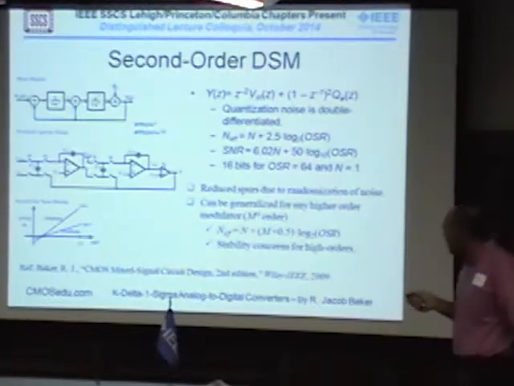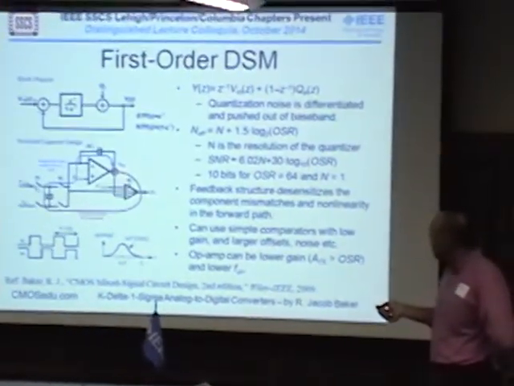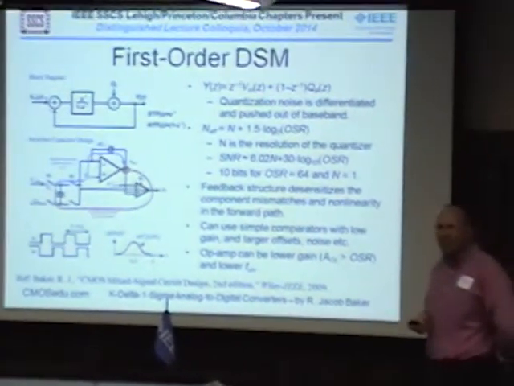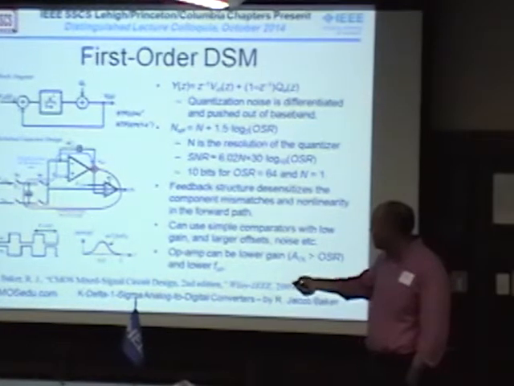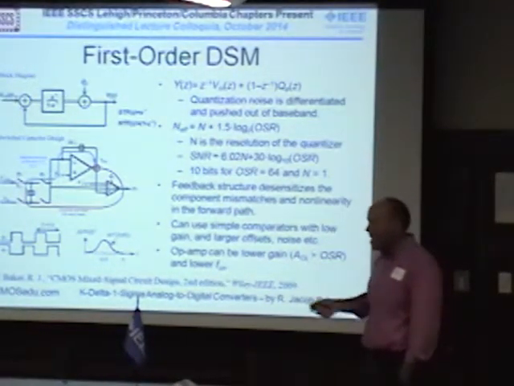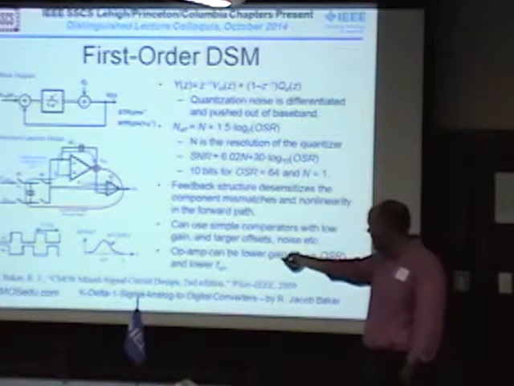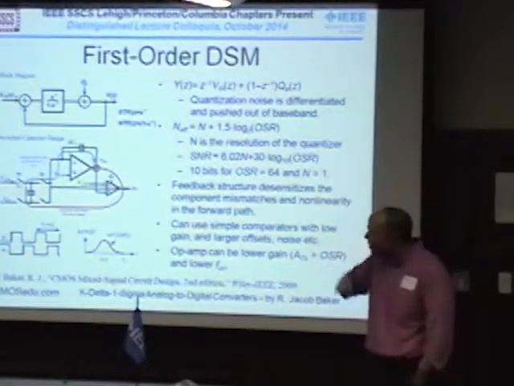One thing before we move on, in all of these topologies, I'm going to bring back some basic feedback theory. If you remember the feedback equation, if the forward path was A and the feedback factor was beta, the ultimate gain is A divided by 1 plus beta AOL, and you divide by A, you get all that.